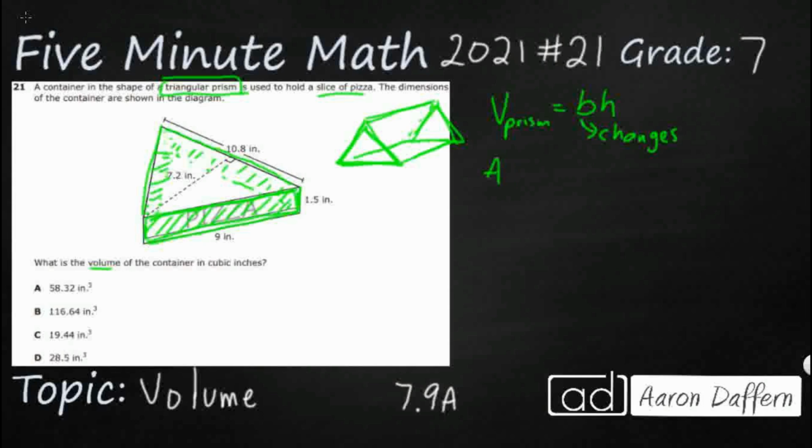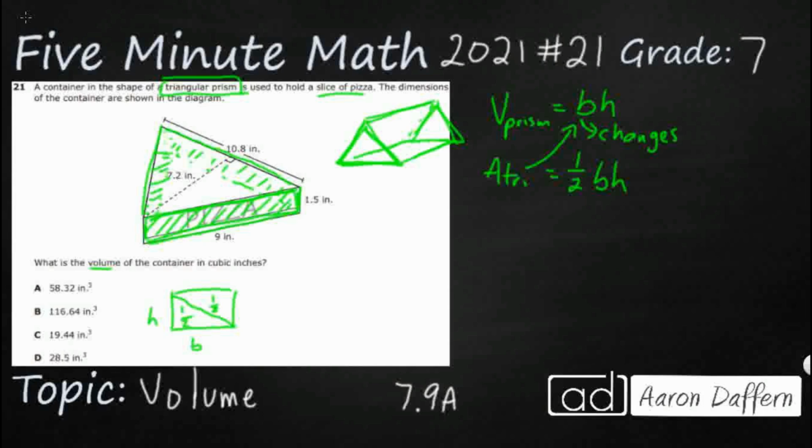We need the area of a triangle because that's our base right here, and it is 1/2 base times height. Remember, if you take a rectangle, it's base times height. If you draw a line and cut it in half, you can make 2 triangles. And that's why the triangle is 1/2 of base times height.